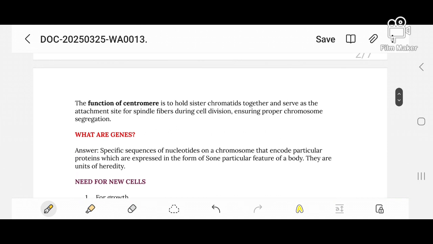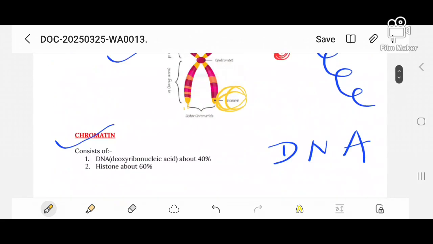Now the centromere, this is the centromere. Okay, the function of the centromere is to hold the sister chromatids and serve as attachment for the spindle fibers. What are spindle fibers? We will discuss later in the chapter. During cell division, ensuring proper chromosome segregation, it makes the two sister chromatids join each other, to be in contact.